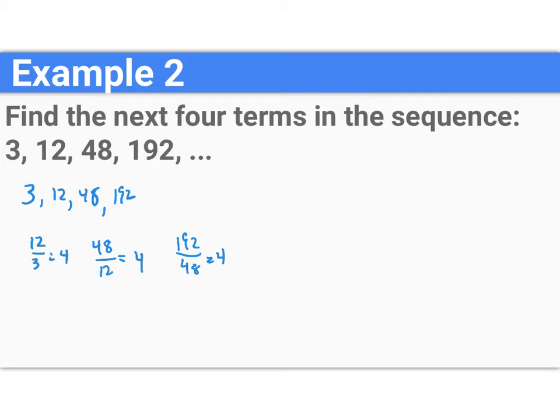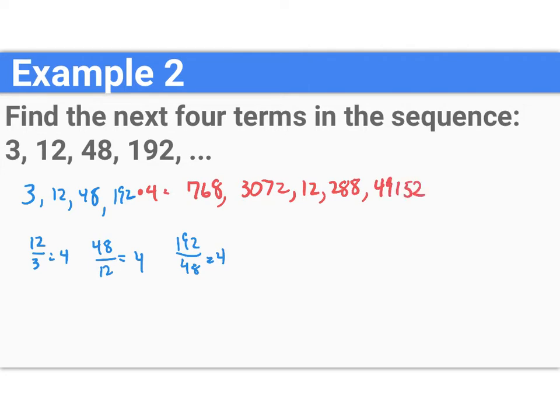So if we multiply 192 times 4, we would get 768. Times 4 is 3072. Times 4 is 12,288. Times 4 is 49,152.